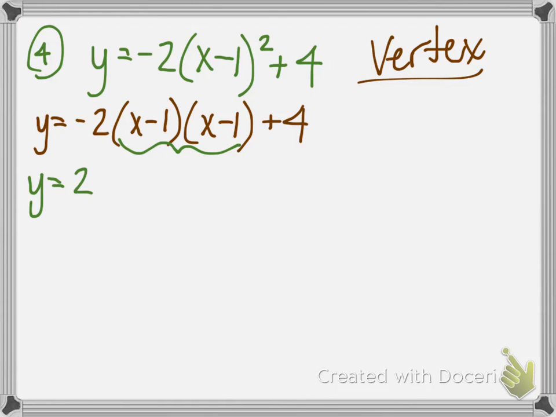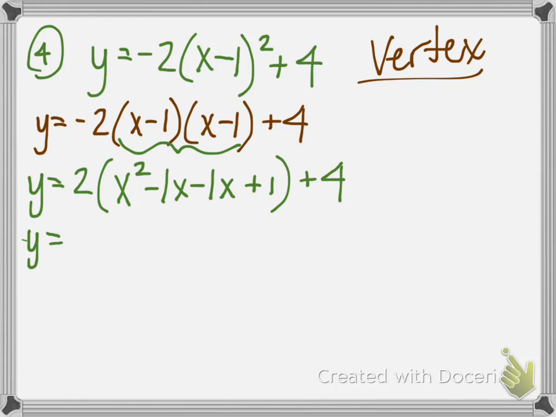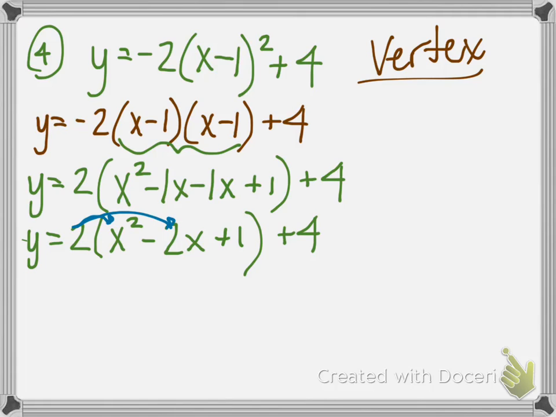So y equals 2 times, this gives me x squared minus 1x plus 1. When I multiply it out, y equals 2 times x squared minus 2x plus 1 plus the 4 on the outside. We go through, distribute this 2 to everything in the parentheses.